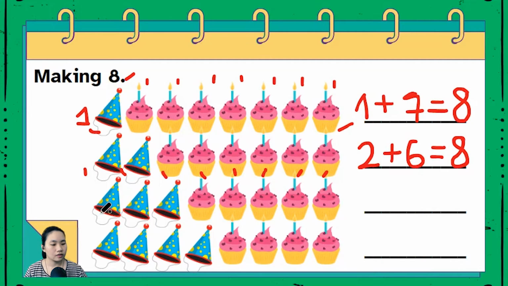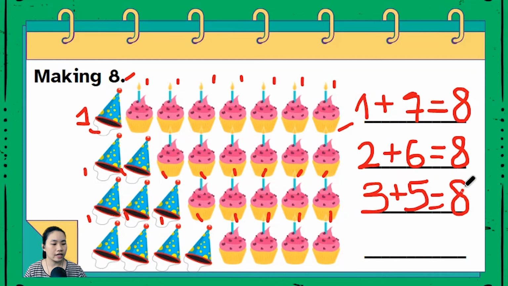Let's work on the next way of making 8. 1, 2, and 3. 3 plus 1, 2, 3, 4, 5. 3 plus 5 equals 8. 3 plus 5 equals 8.